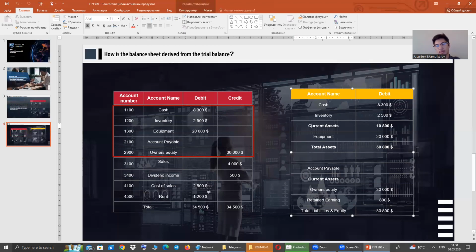Overall here we got 3,700, and here 4,500, which is how much was sold. So 4,500 minus 3,700 is 800. Then we got 30,800. It was just a simple example.